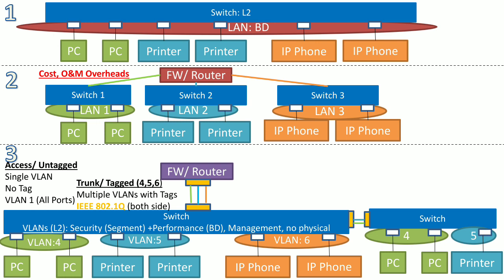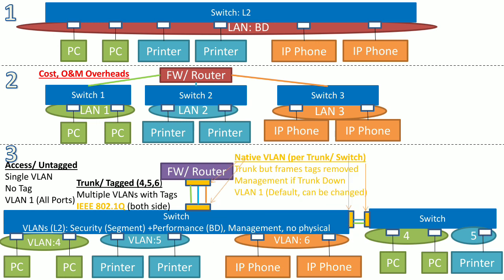So the firewall and router will expect the traffic from these three VLANs based upon the VLAN ID, or the VLAN tag, associated with the frame which it is receiving from the switch. Once the switch sends the frame to the router, it will attach the VLAN tag to this frame, and then the router will know to which VLAN it belongs.